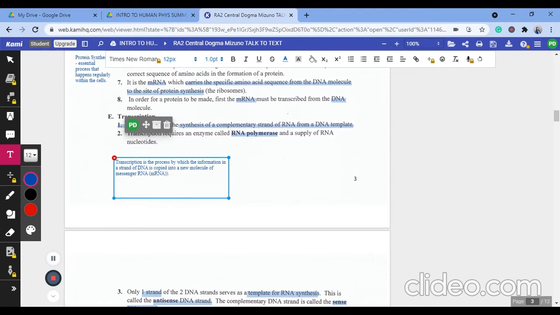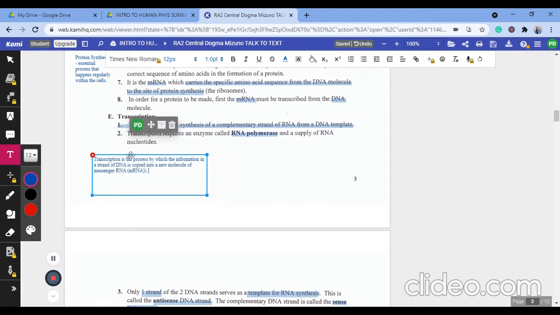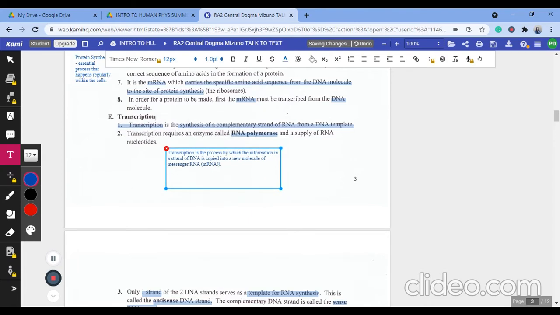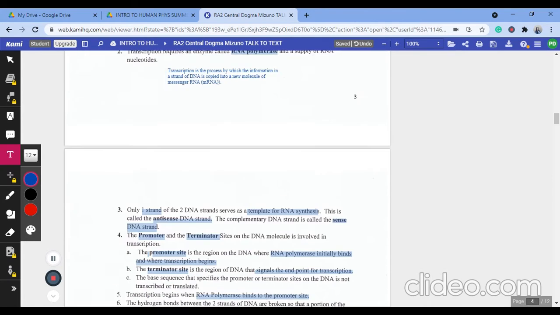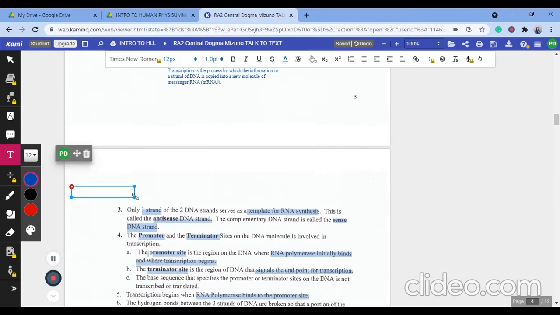So during this process, the DNA safely and stably stores genetic material in the nuclei of the cells as a reference or template.